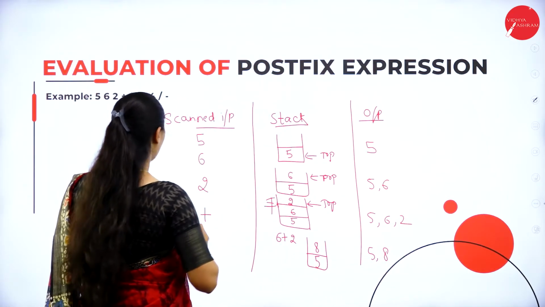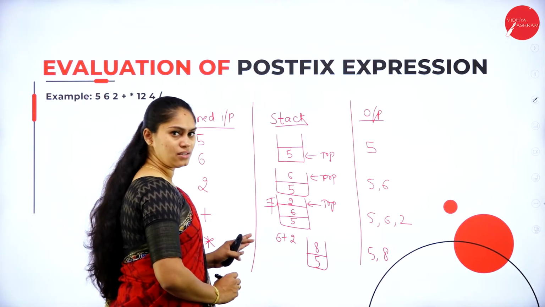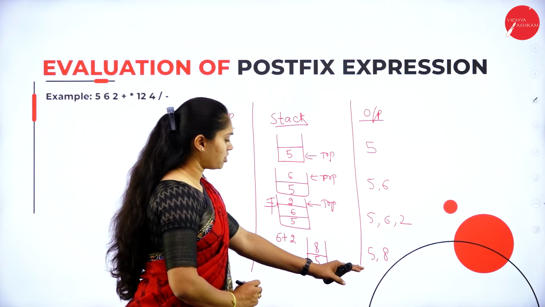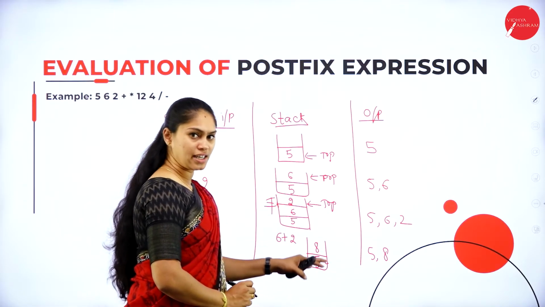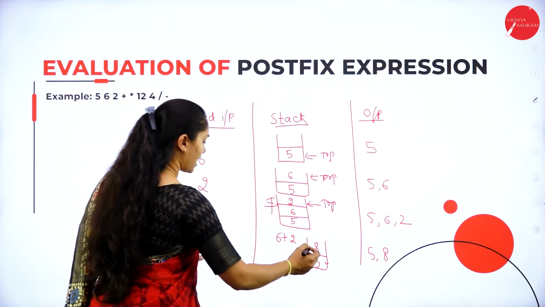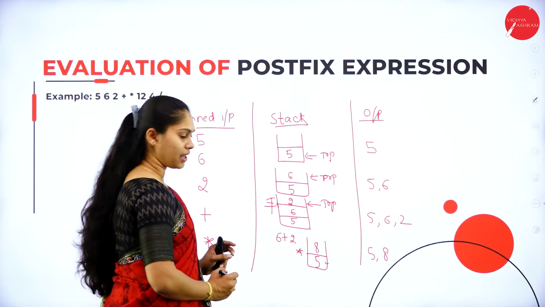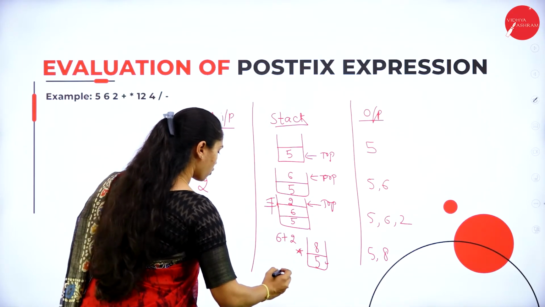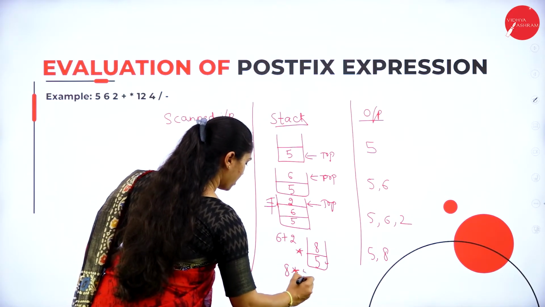Next, what do we have? Multiply symbol. In this, if I find an operand, then that needs to be moved to the stack. If I find an operator, then I have to pop the last 2 top elements. Then we have to perform this operation. In the stack, now I have 8 and 5. Next, I need to do the multiplication. 8 fives are 40. So now both 8 and 5 are multiplied.